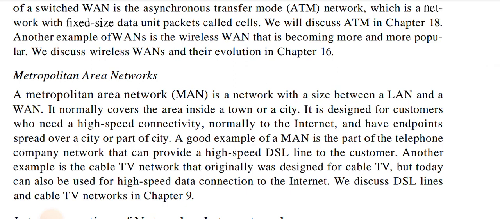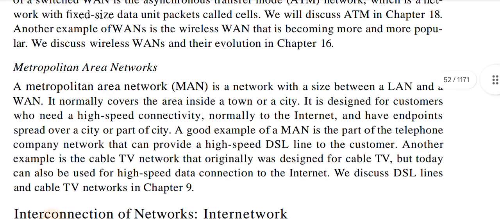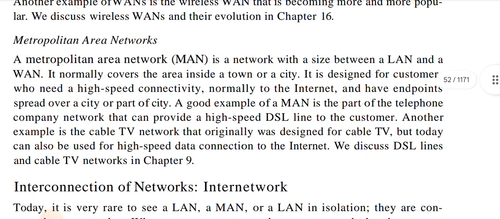Metropolitan area network (MAN). A metropolitan area network is a network with a size between a LAN and a WAN. It normally covers the area inside a town or a city. It is designed for customers who need high-speed connectivity, normally to the Internet, and have endpoints spread over a city or part of a city.